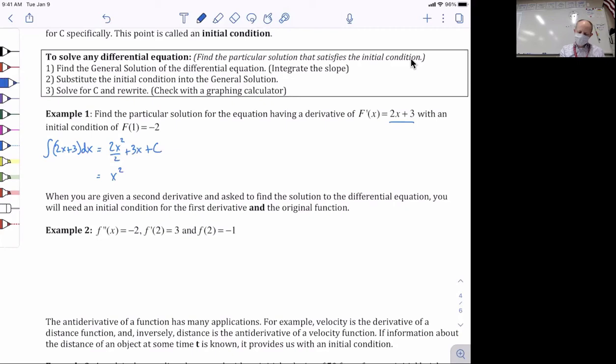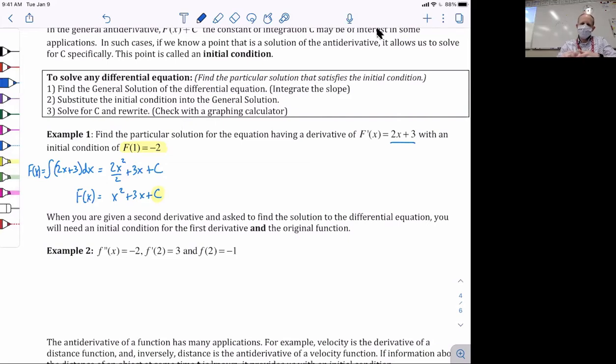And so basically we have x squared plus 3x plus c. Now, the idea here is that we want to be able to find that value of c. Now, we do know the initial condition is F of 1 equals -2. Oh, by the way, this is giving us our capital F of x.